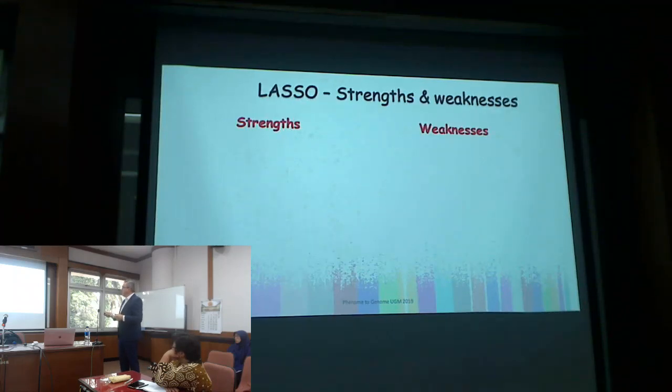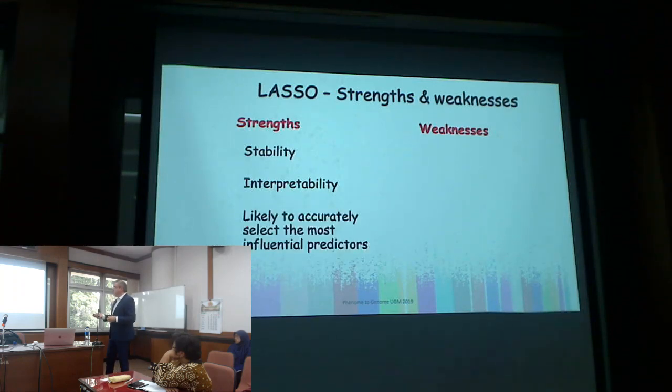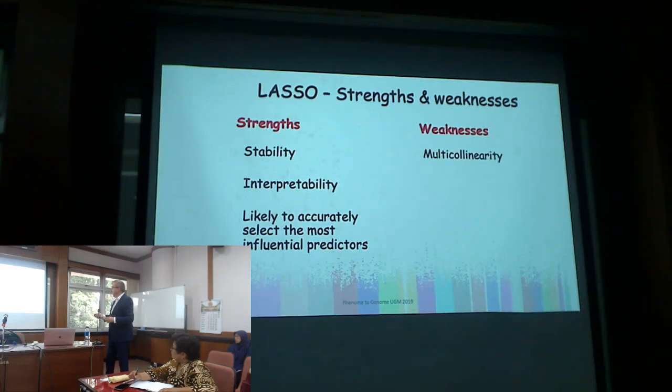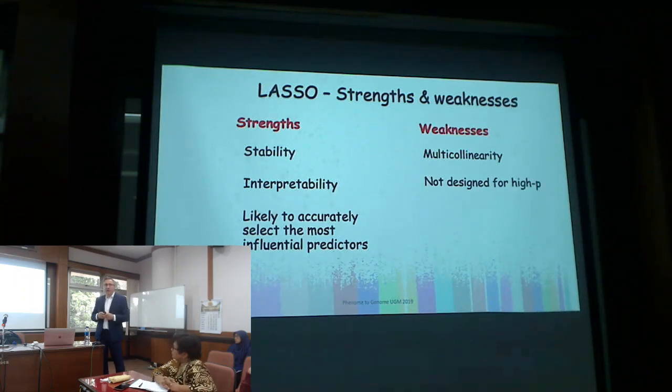Okay? So the strength of this is that it's a very stable method when you have correction. It's easy to interpret, and it's likely accurate for selecting multiple predictors. The weaknesses are that it has multicollinearity, and it's not designed for data with high p-values. High p-values are data that are above the statistical cutoff, okay?